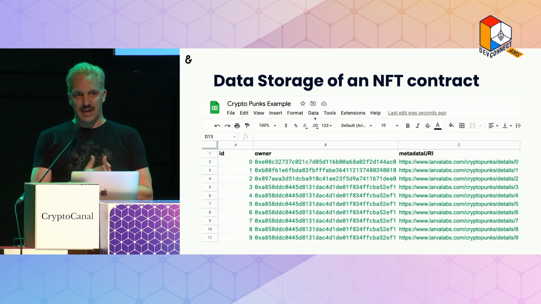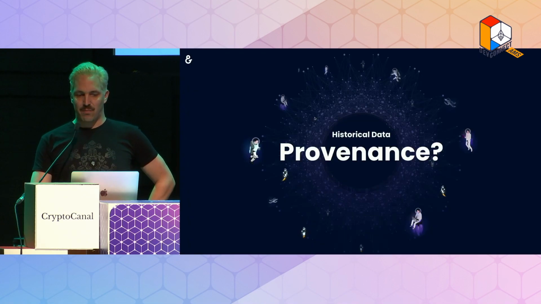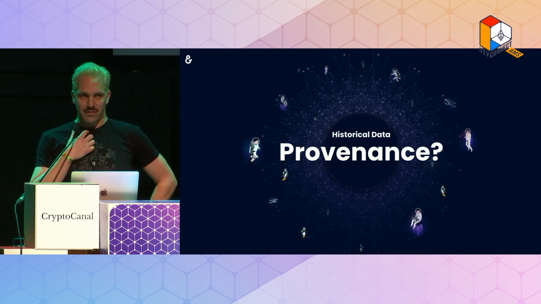And that's basically it. That's the state that we know from the blockchain, that we can query about the CryptoPunks NFT holders. But it's interesting to know who owns which NFT now, but we are actually more interested in the so-called provenance. So who owned which token before and what was the price.